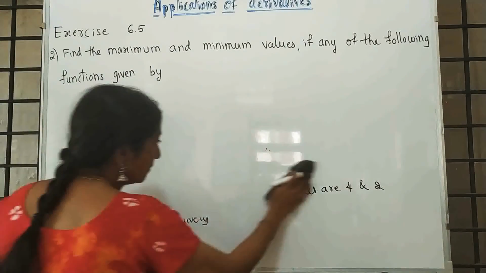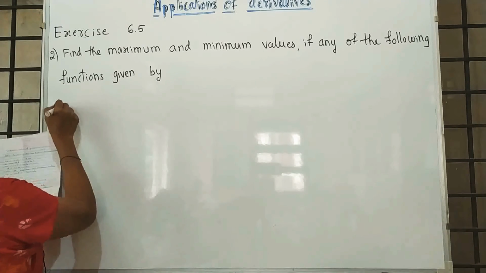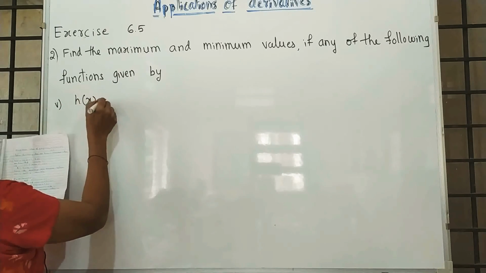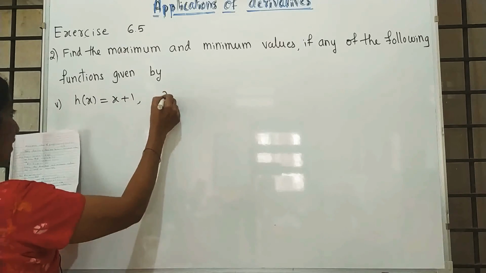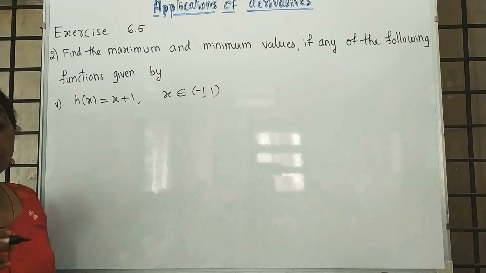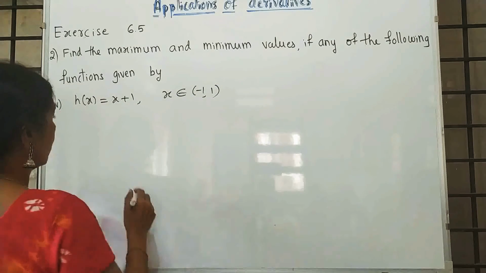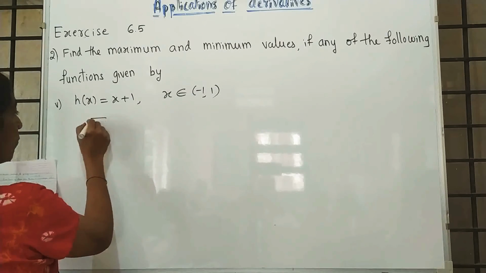Moving to the next question. Fifth one. h of x is equal to x plus 1, where x is lying between minus 1 and plus 1. That means we are not taking the end values; it is strictly lying between minus 1 and plus 1.